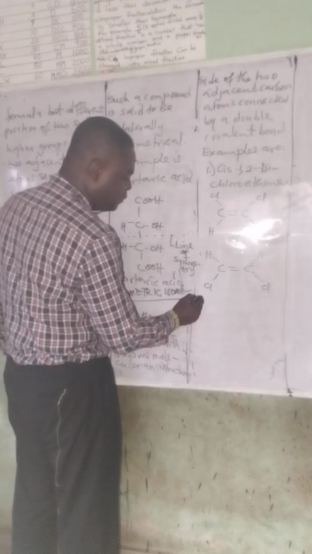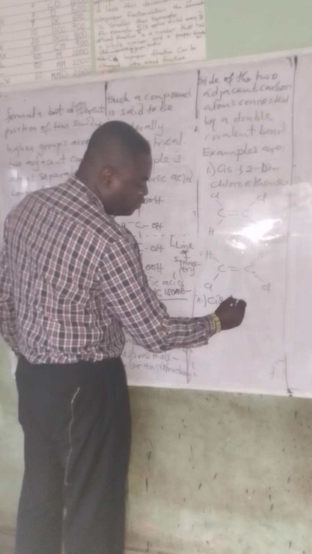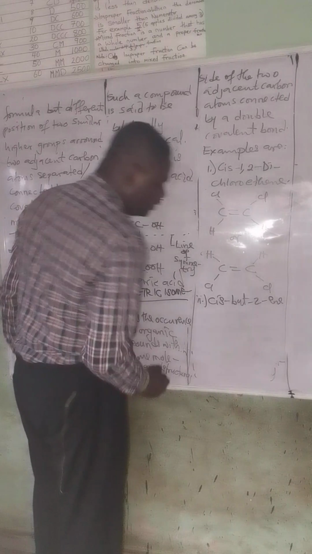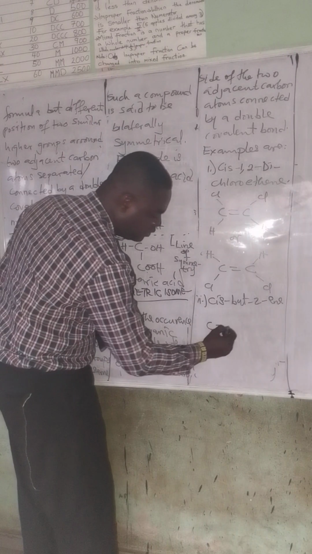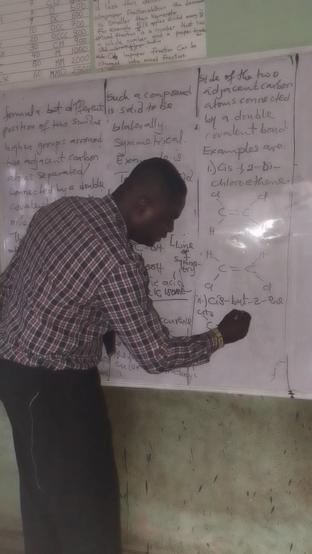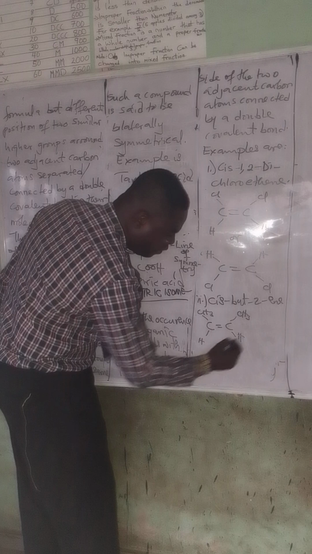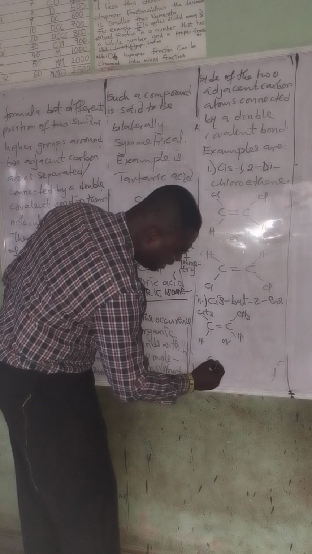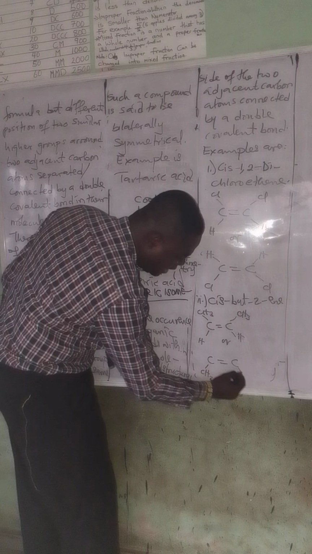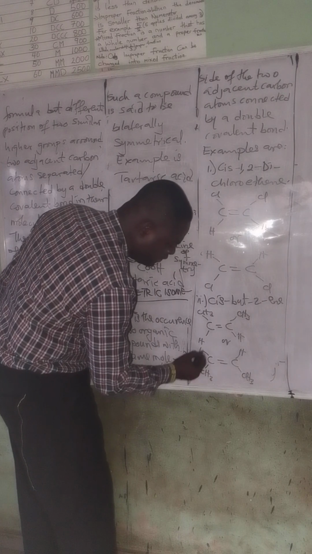Number two example here is cis-but-2-ene. You have something like this: CH3 here, CH3 here, H here, H here, or you can have it as this: the two CH3 groups can be down here, then you have H here and H here.